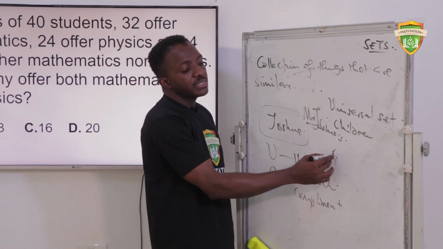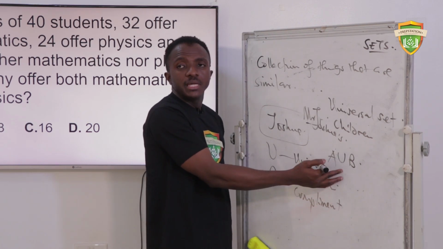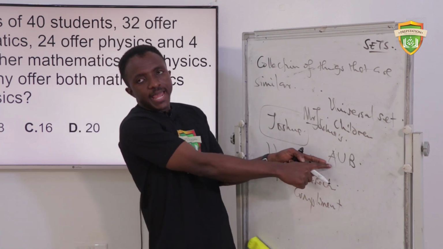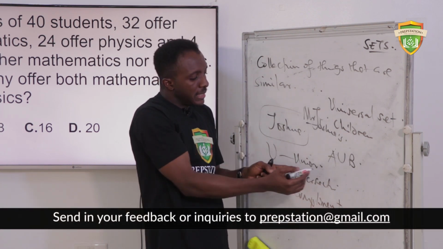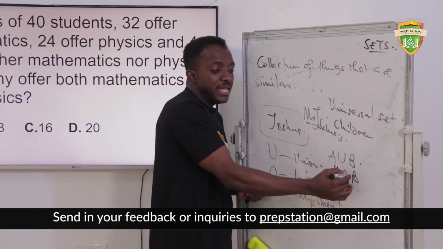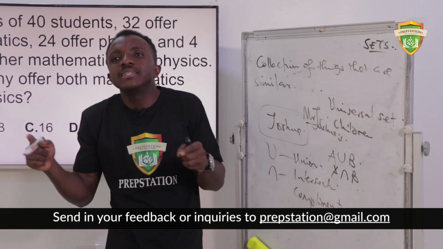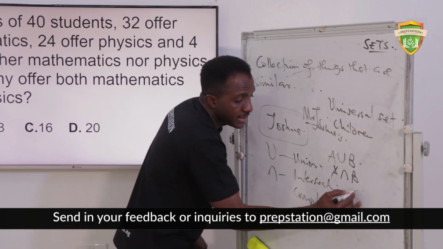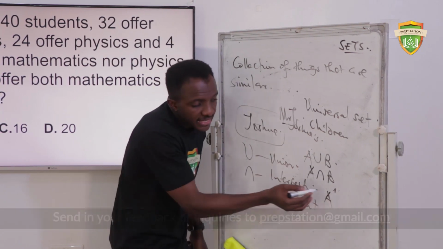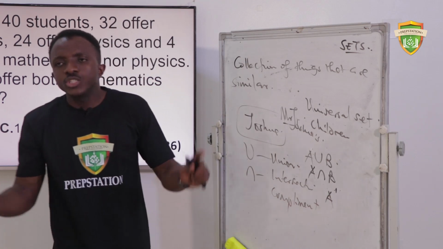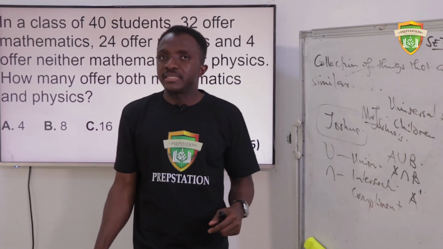If I have set A and set B, set A union B is simply all that we have in A and B. Set A intersection B is simply all that is common to set A and set B. Set A complement, which you can see like a prime, means what is in the universal set that is not in set A. So take note of that.